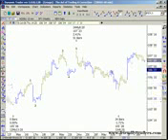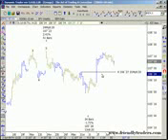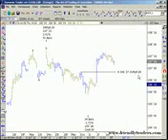And as you can see, none of these prior minor swing highs were taken out, but once this May 31st prior minor swing high was taken out, that signaled June 1st should be the completion of the complex correction.